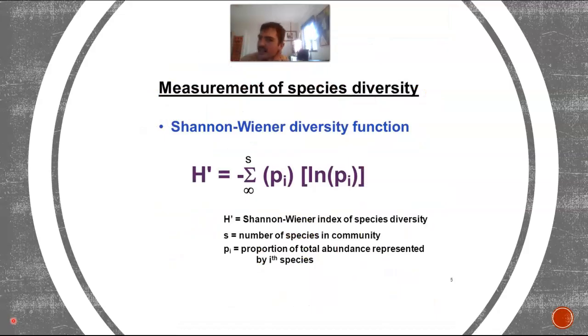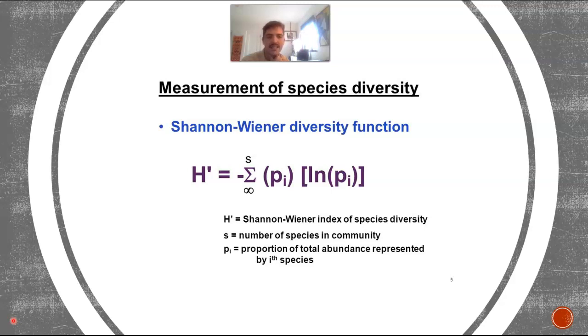Okay, last thing. So this is just so that you know that there's a way that you measure species diversity mathematically, and don't worry, you don't need to know this formula. All you need to see is that there's a mathematical formula that calculates and compares biodiversity using richness and evenness. And Shannon Wiener, you could see that as one of them.